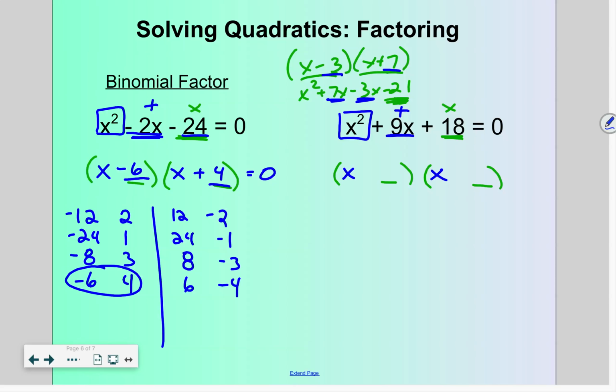So what values of x make this true? Well, one of those factors has to equal 0. So x minus 6 could equal 0, which means that x equals 6 is an option. And x plus 4 could equal 0, which means x could equal negative 4 as another option.